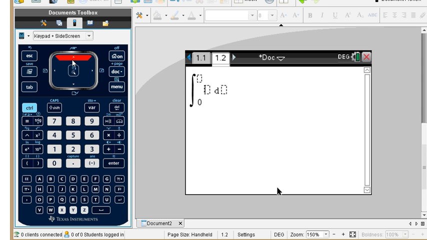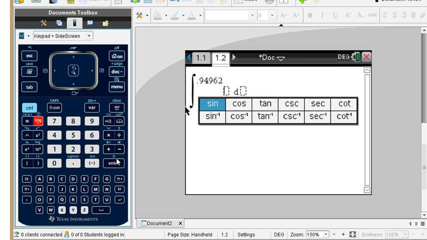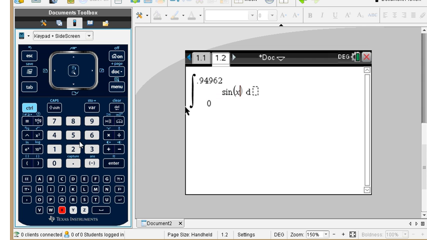Our upper limit is going to be 0.94962, and over here we're going to have sine x, and we don't really have to put this in parentheses, I believe, and then minus x to the fourth power and then dx.